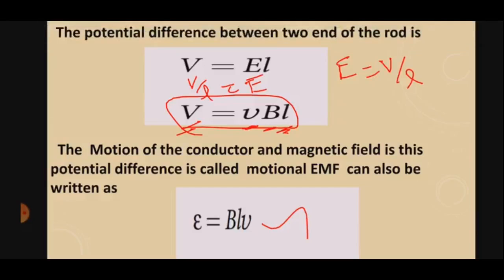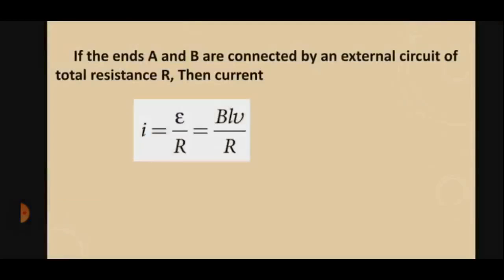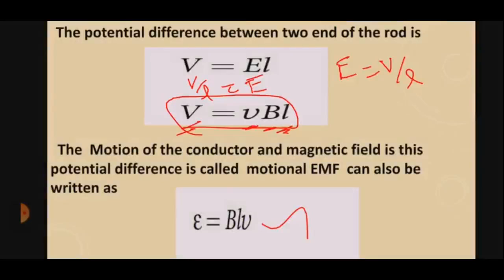So students, this expression of motional EMF, since EMF arises due to the motion of the conductor in a uniform magnetic field, is called a motional EMF. Are you clear? This EMF is produced due to the movement of the rod, and it is often called a motional EMF.